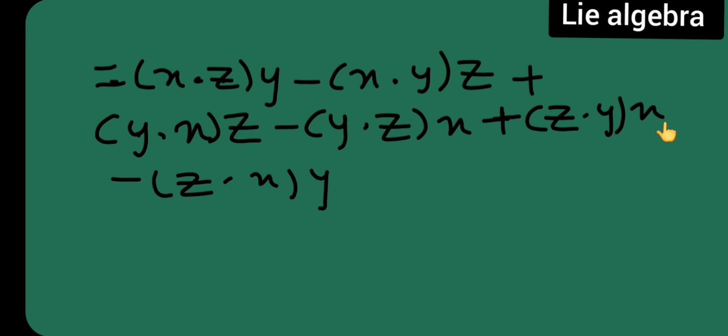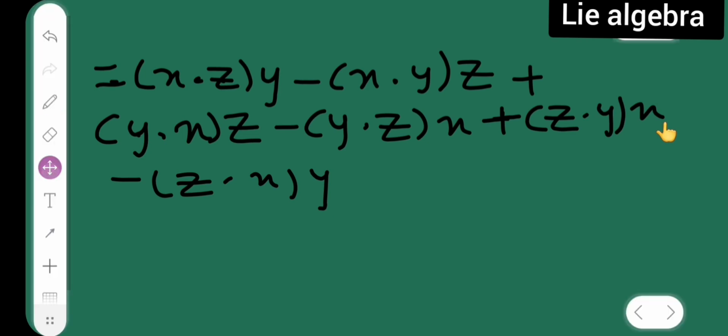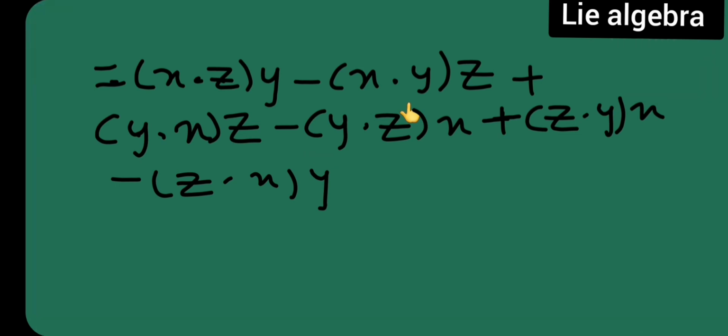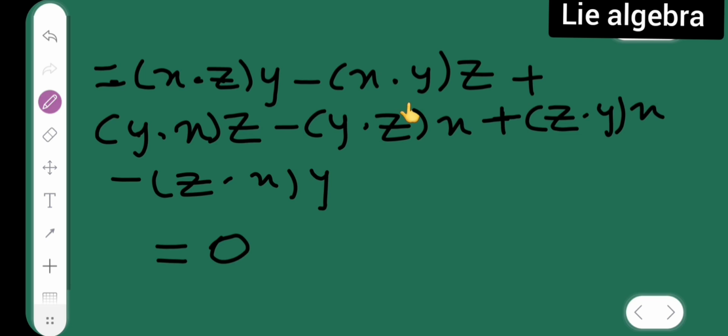Now see whatever terms are getting cancelled. Which terms are getting cancelled now? x dot z into y, and which one? Minus x dot. The terms are getting cancelled, and finally what I am going to get is 0.